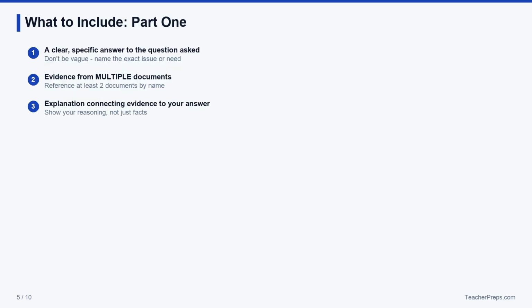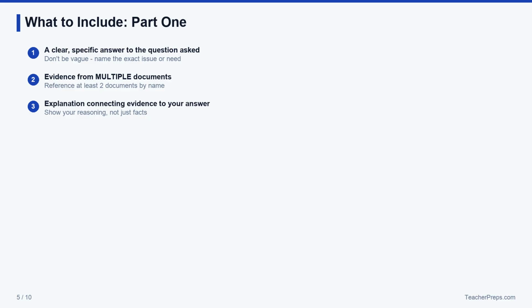Let's break down exactly what to include for Part 1. First, provide a clear, specific answer to whatever the question is asking. If it asks you to identify a need, name that need explicitly. Don't be vague. Second, support your answer with evidence from multiple documents. Reference at least 2 of the documents provided.